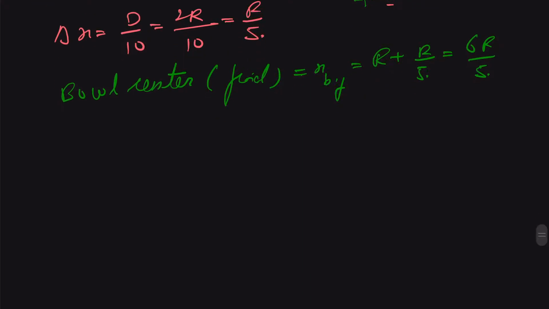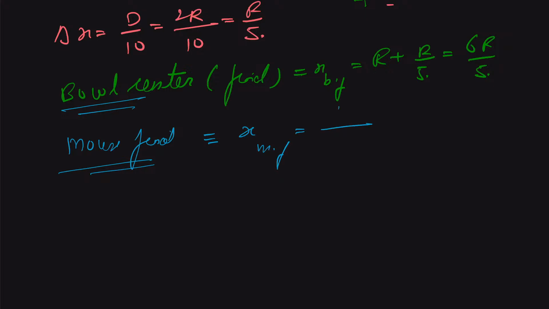And we come to our mouse final. The mouse final position is at the bottom of the bowl, okay, which is nothing but our center of the bowl. Therefore we can say that our mouse final position will also be equal to 6r upon 5.